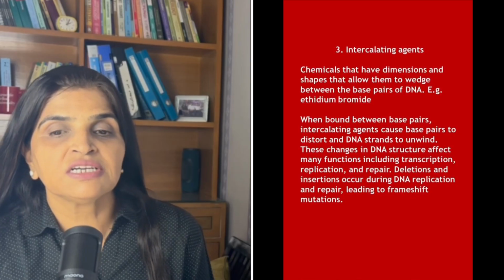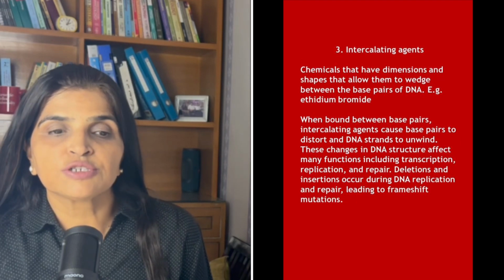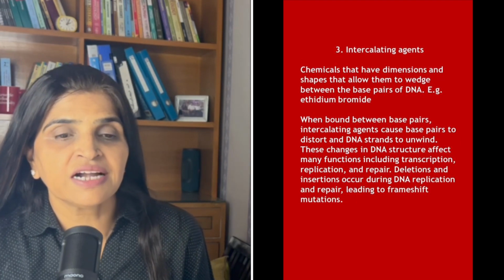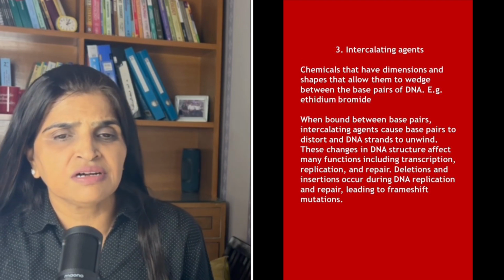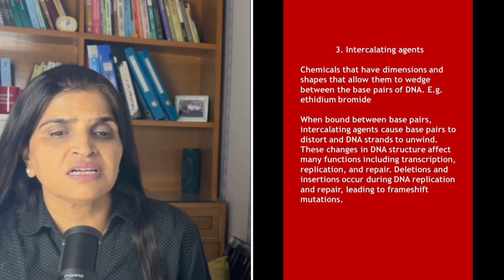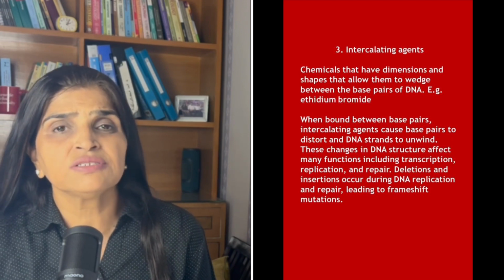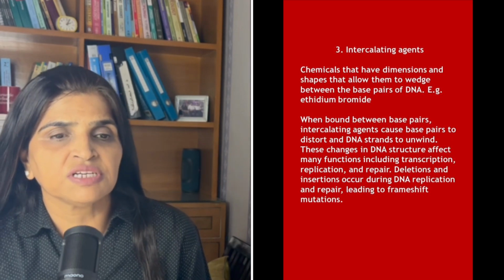So what are intercalating agents? The intercalating agents have the dimensions and shapes that allow them to wedge between the base pairs of DNA. That means they will go and occupy the position between the two bases, and then they will distort the DNA strand structure, and it will change the functioning, maybe the transcription, replication, repair, all the functions of DNA would be changed because of this.